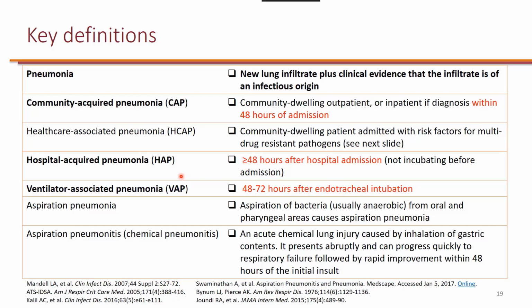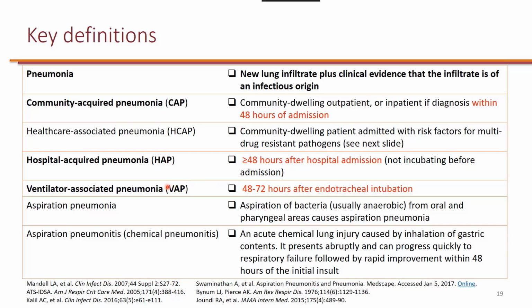Now, there's also ventilator-associated pneumonia, which is basically beyond 48 to 72 hours, so at least 48 to 72 hours after intubation. So, if it's pneumonia 4 days after intubation, it's considered ventilator-associated pneumonia. Now, keep in mind that all ventilator-associated pneumonia patients are actually hospitalized.